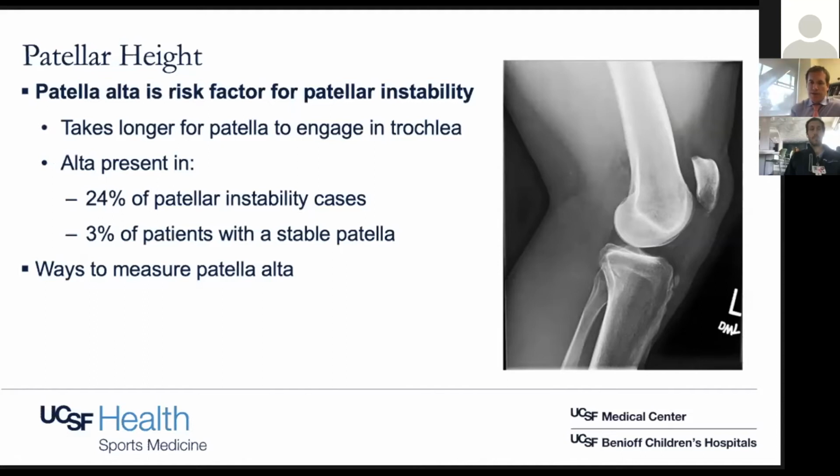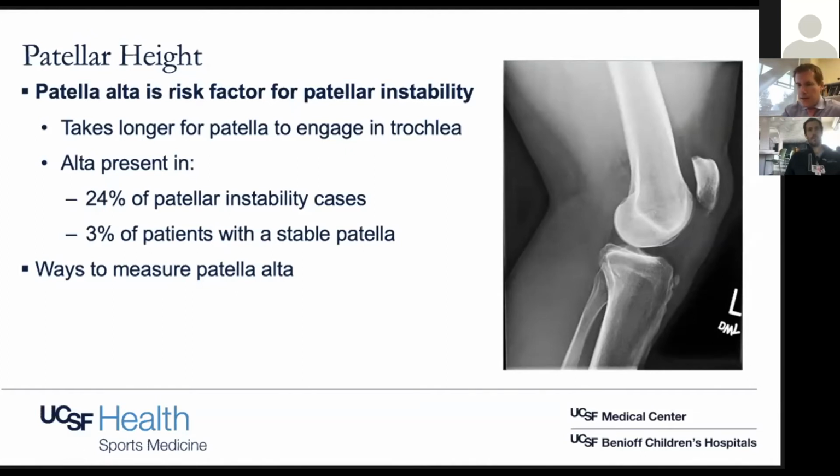The longer it has to travel, the greater the chance that it won't find the proper position as it's coming down. In the setting of patellar instability, 24% of patients have alta, whereas it's seen in only 3% of patients with a stable patella. So patellar height can really contribute.